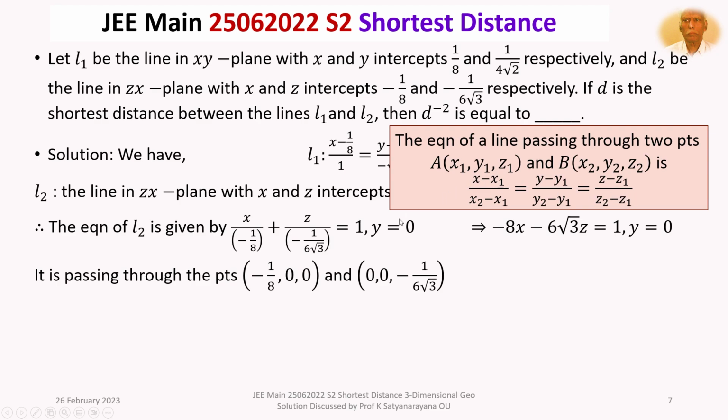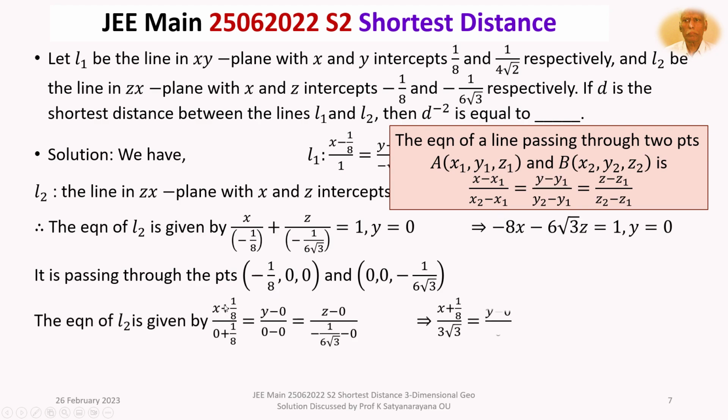So like in the case of L1, we write down: (x − (−1/8))/(x2 − x1), that is (x + 1/8)/(0 + 1/8), equals (y − 0)/(0 − 0), that is (y − y1)/(y2 − y1), equals (z − z1)/(z2 − z1), that is (z − 0)/(−1/(6√3) − 0).